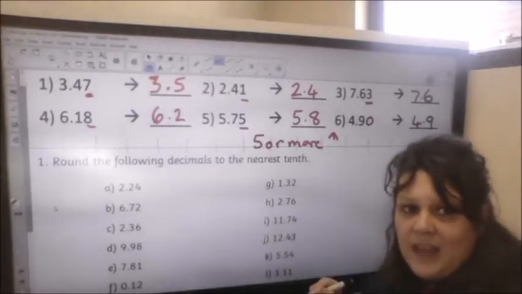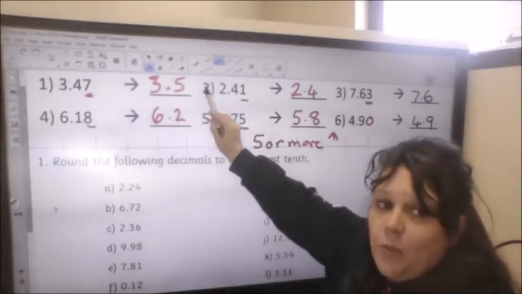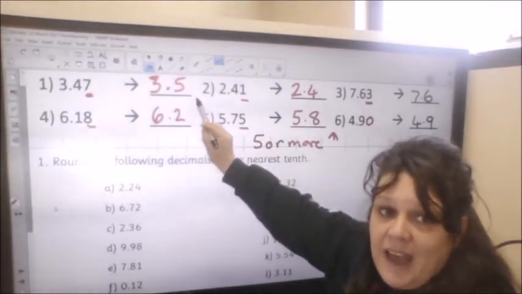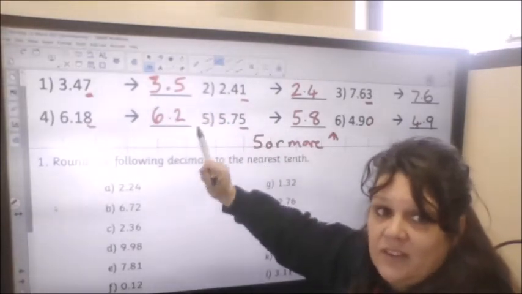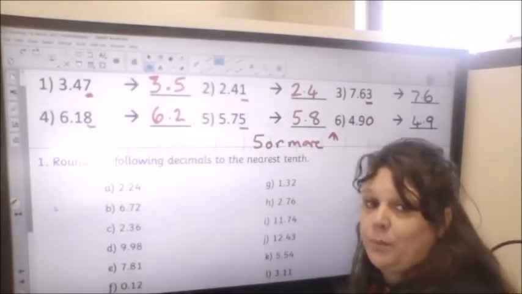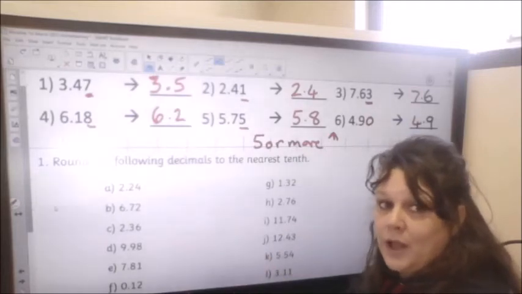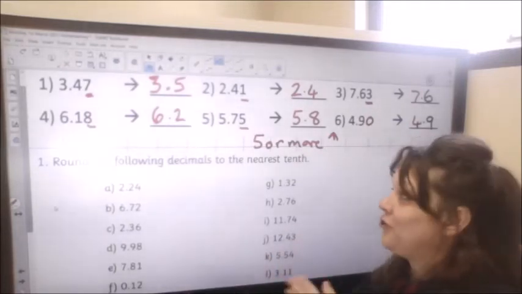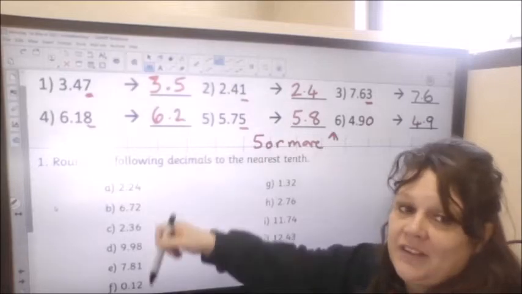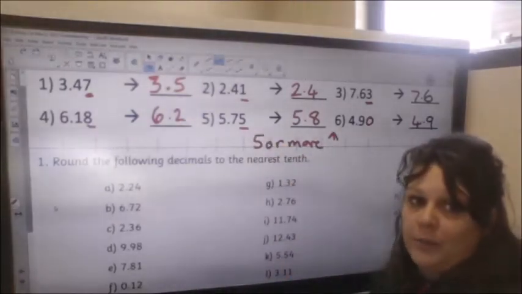Now, this time, you notice we did have the decimal point, and we did have the tenths column because we're rounding to the nearest tenth. When we rounded to the nearest whole number, we didn't need the decimal point. We didn't need anything after that, but here we do. We need the tenths column. That's what you're going to be increasing or keeping the same, depending on what the hundredths column is.